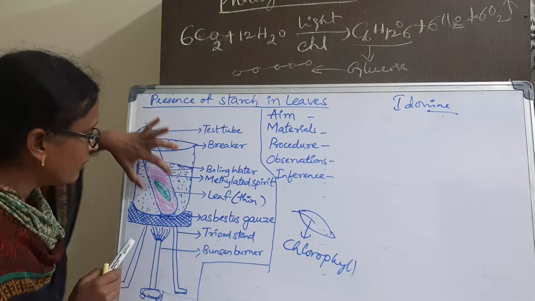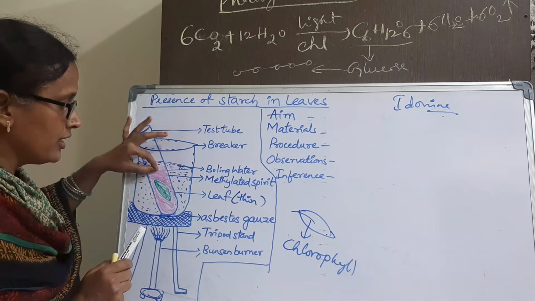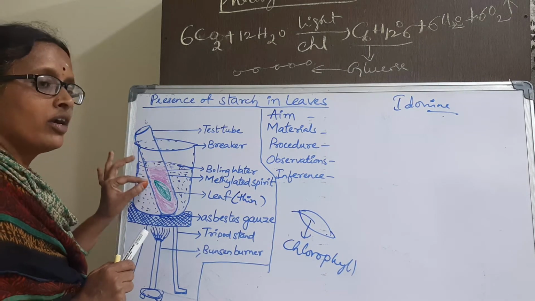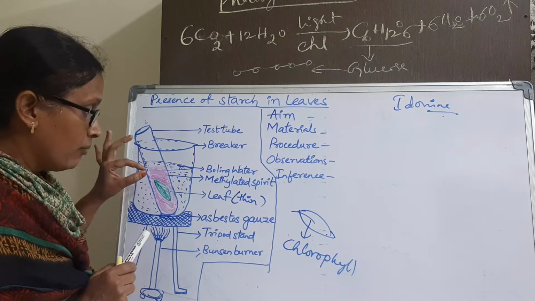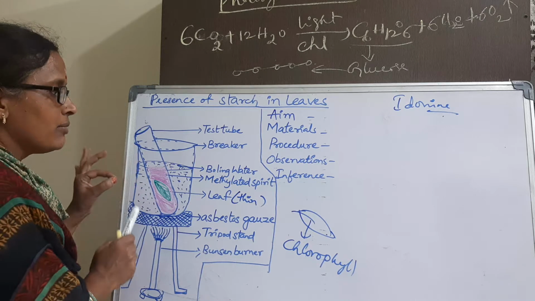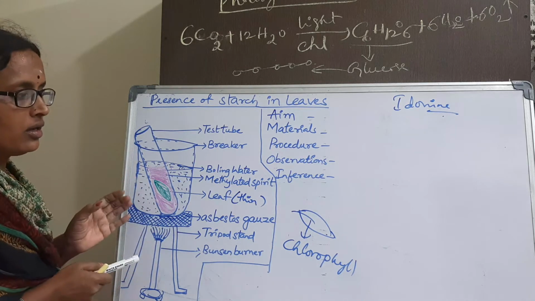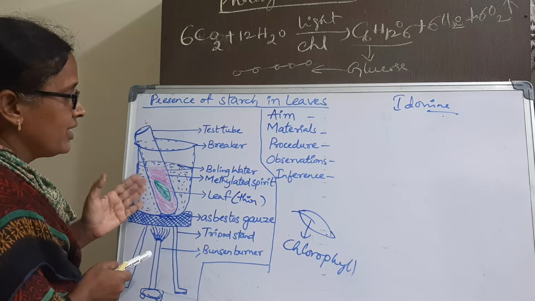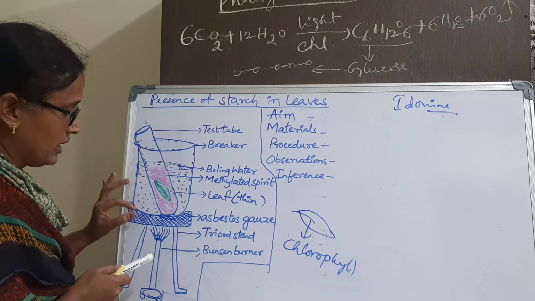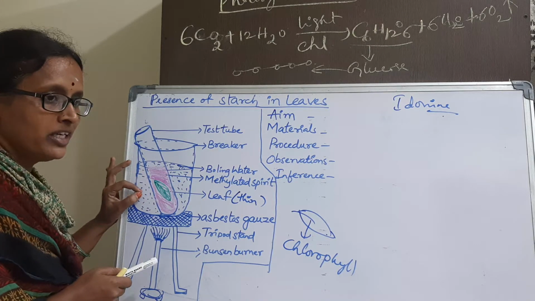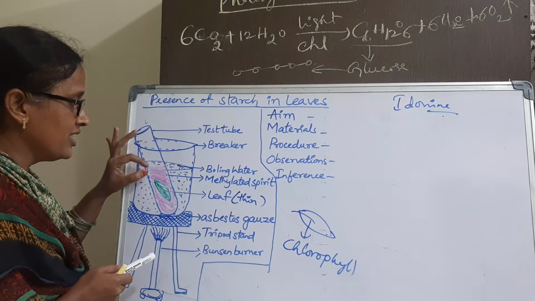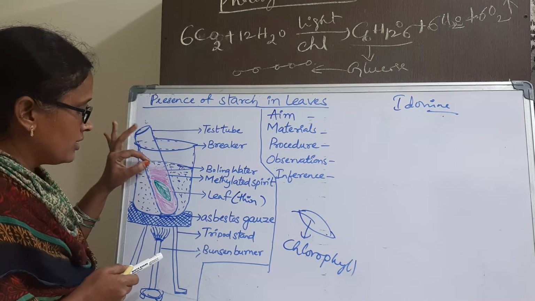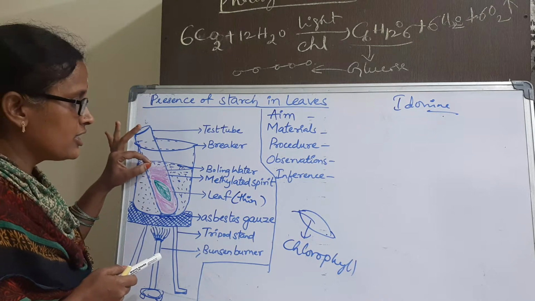That heat helps to boil the methylated spirit, and in that our leaf is going to be boiled. It takes a lot of time because first the water should be heated, then that heat is carried to the test tube, and the methylated spirit inside is heated.